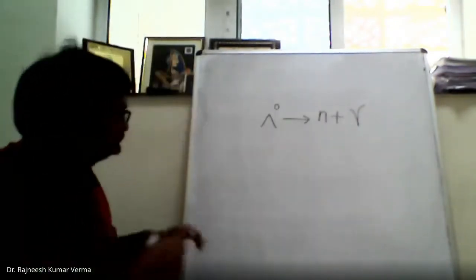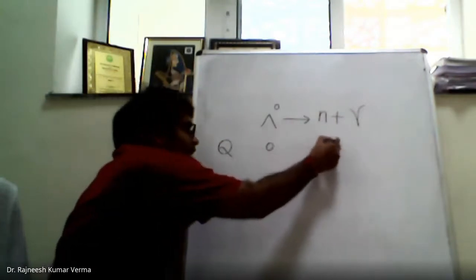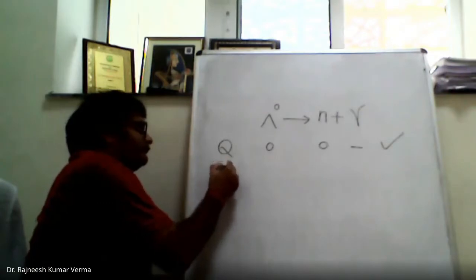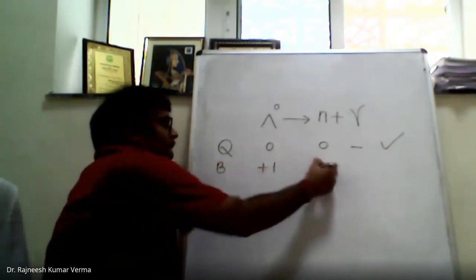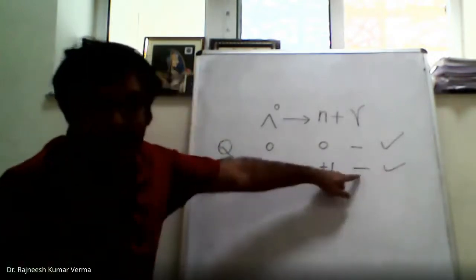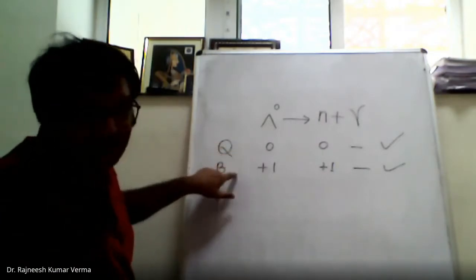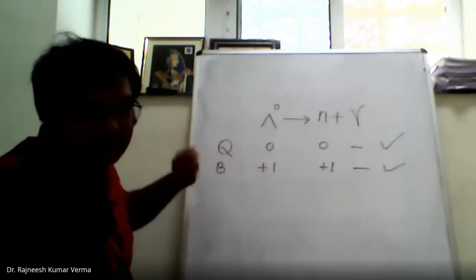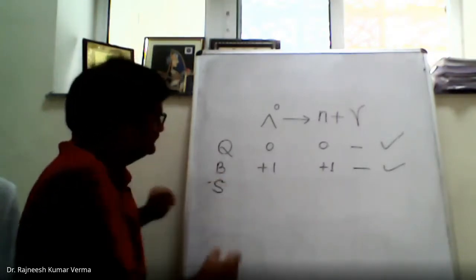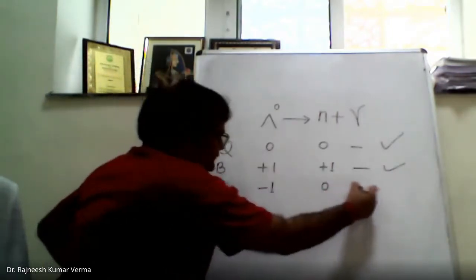See, this line simply means not defined for this. So charge is conserved, baryon number is conserved. I am not going to check lepton number. Now, strangeness: -1, 0.